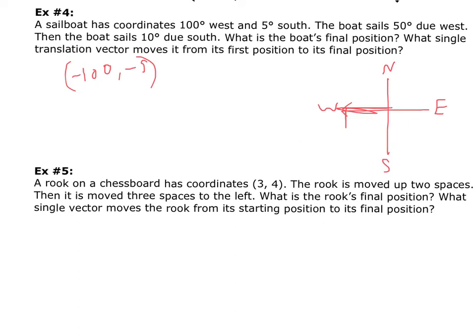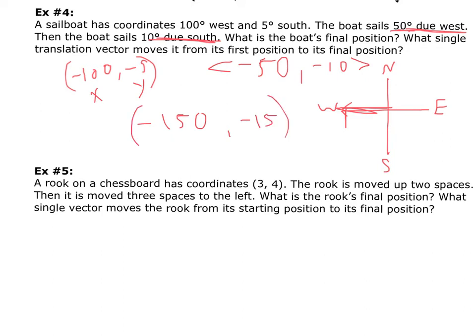Okay, then it says our boat sails 50 degrees west and 10 degrees south. So if it moves in the vector negative 50, negative 10, that tells us that we need to take away 50 from the x and take away 10 from the y. So if we take negative 100 minus 50, that of course gives us negative 150. And if we take 10 away from y, negative 5 minus 10 is negative 15.